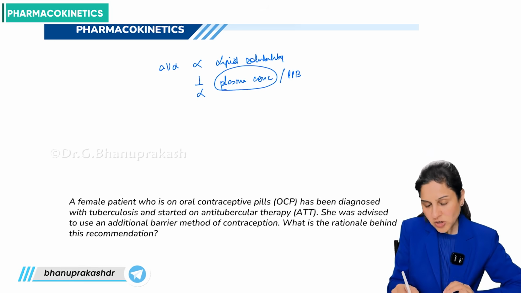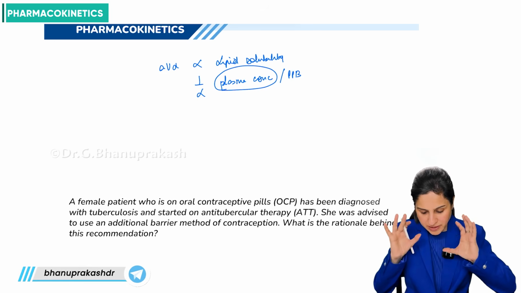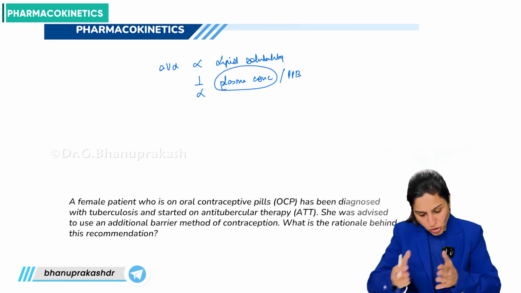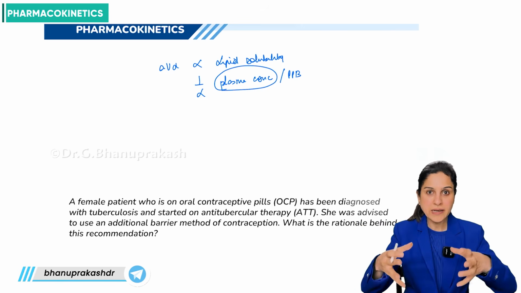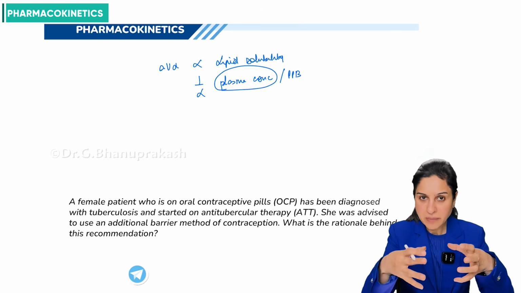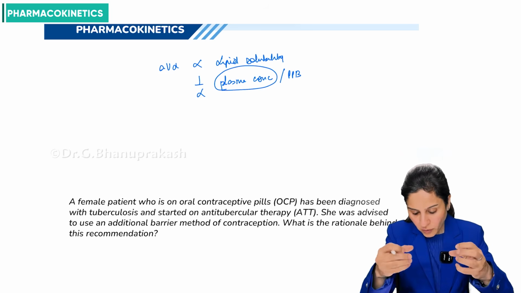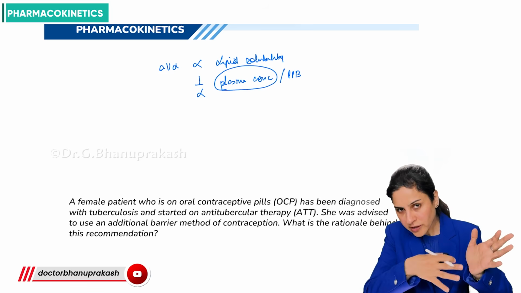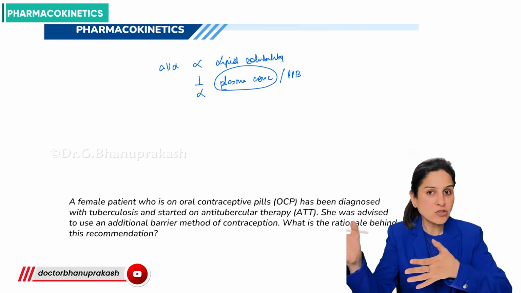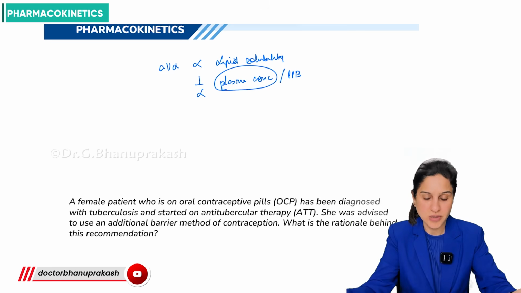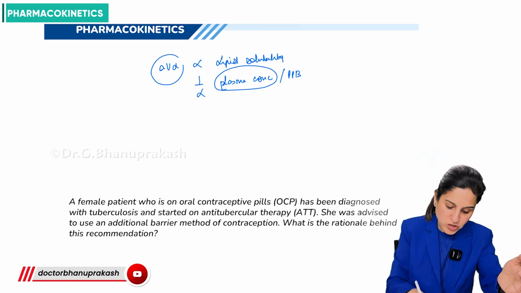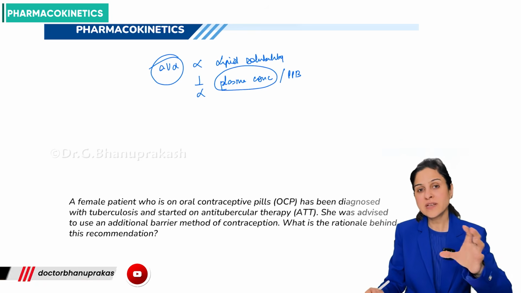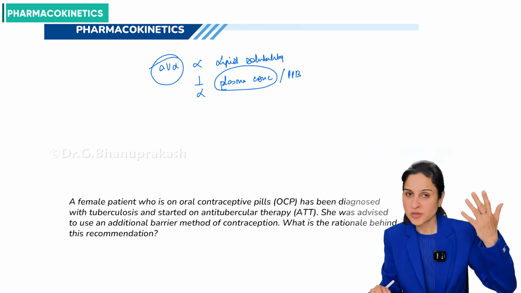If the plasma concentration of the drug is more, that means the drug is there in the plasma only, it has not entered into the tissue. So it is there in the systemic circulation only. While if the plasma concentration is less, that means the drug has moved away from the blood into the various tissues and has distributed. So similarly, distribution would be high only if the drug is less in the blood and more in the tissues.